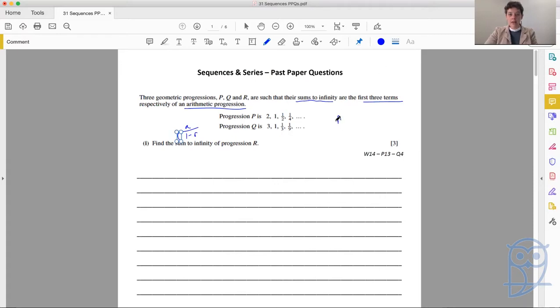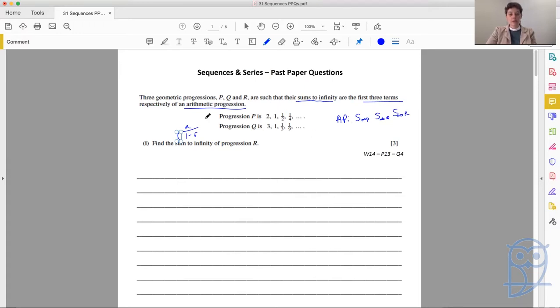So we have an AP, which is sum to infinity of P, sum to infinity of Q, sum to infinity of R. So if we can get P and Q, we can get that sum to infinity of R because this is just an AP, so we wouldn't actually need to go our traditional route. So you see how important it is to get that information out of the question.